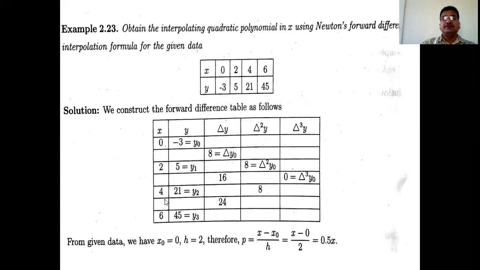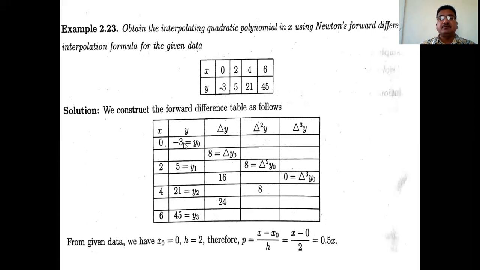The first column of the table is the values of X that are given, and the second column is the values of Y. And the third column is delta Y, then delta square Y, delta cube Y. Here the values of X are 4 in number, and the values of Y are 4 in number, and therefore the last column of the table is delta cube. The further higher order differences, delta raised to 4, delta raised to 5, are all 0. So these are the values, and this is the forward difference table.